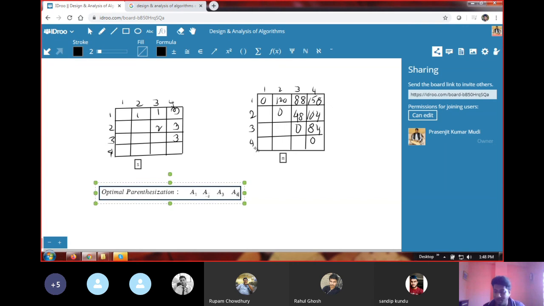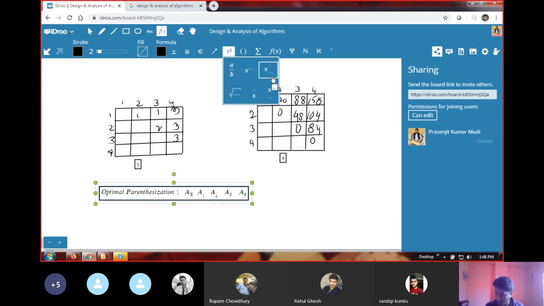Okay, so let's see. This is nothing but a suffix 1 to 4, right? This is equal to A1 to 4.